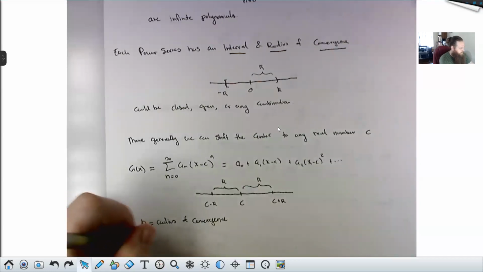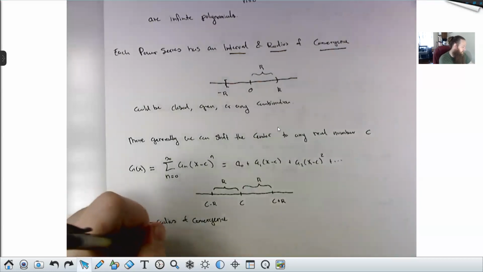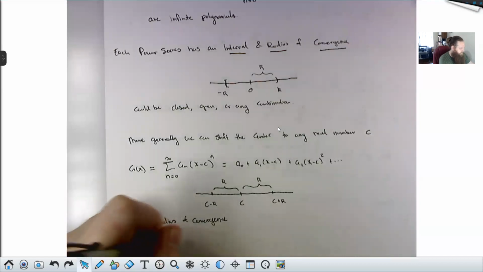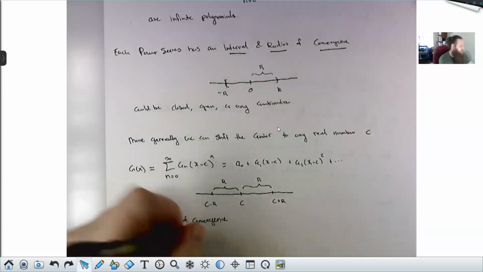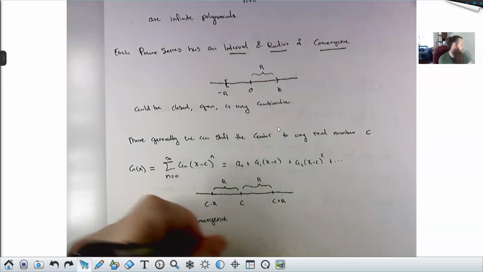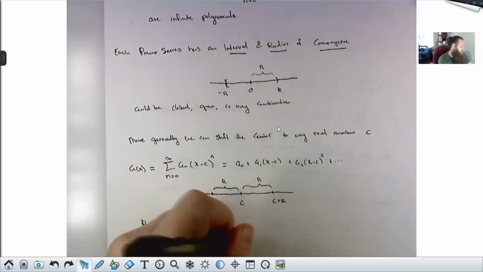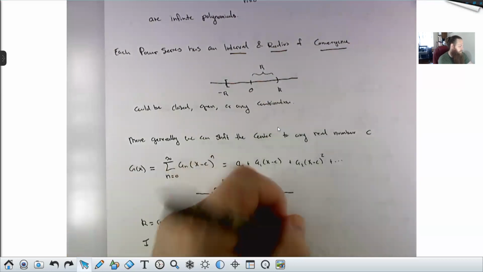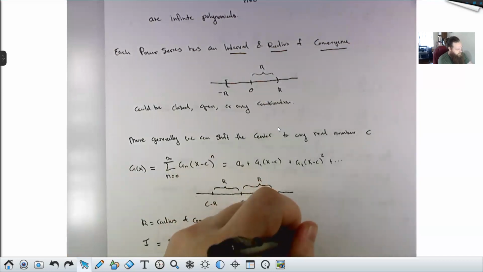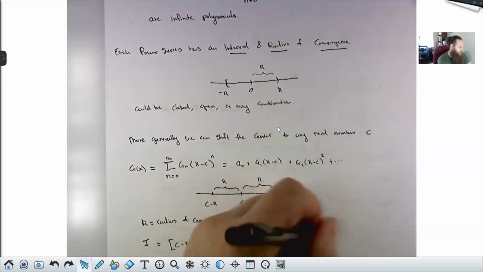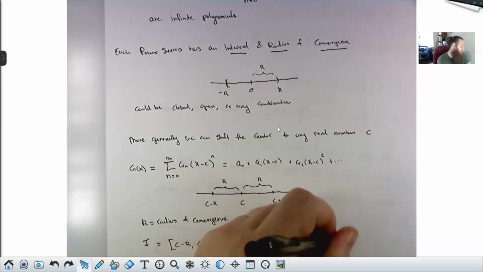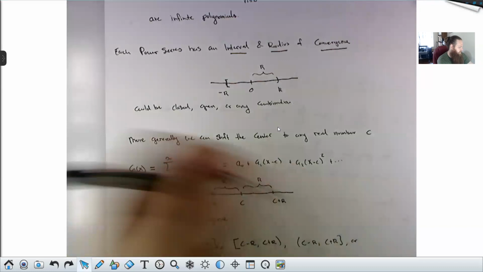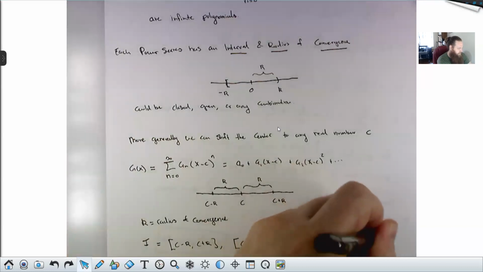So I, which would be equal to one of: closed C minus R to C plus R, left closed, right open, left open, right closed, or the fully open.